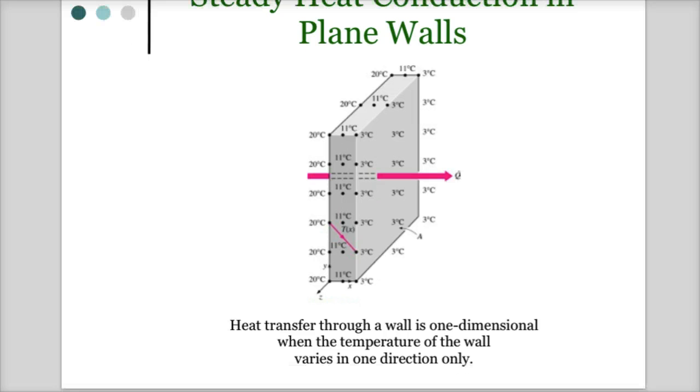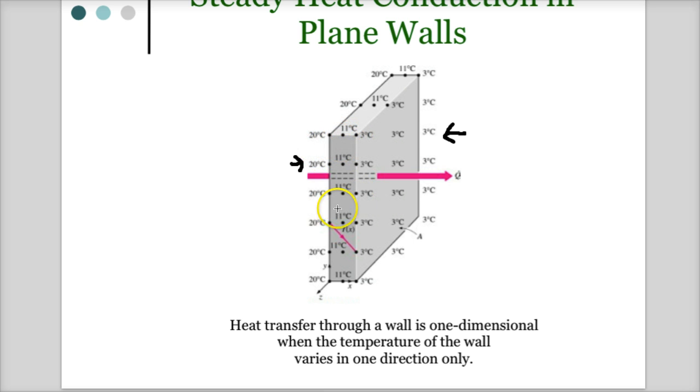So what does it say here? Heat transfer through a wall is one-dimensional when the temperature of the wall varies in one direction only. Let me draw. This is 20 degrees C, and the outside is 3 degrees C, and that's a middle point there.